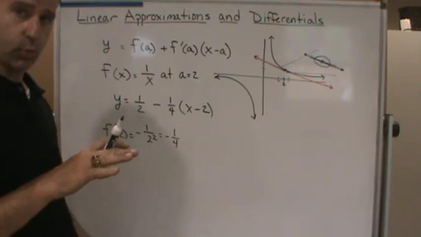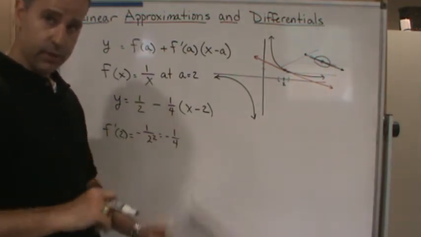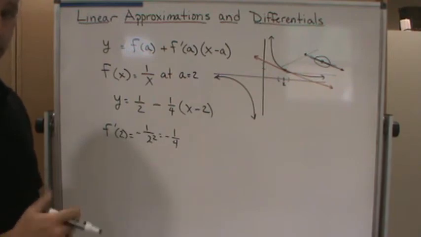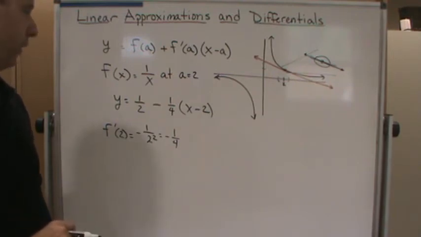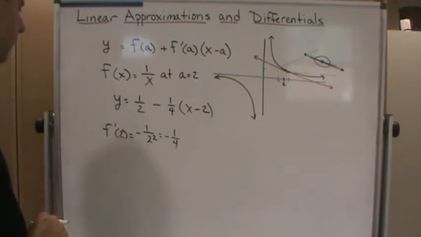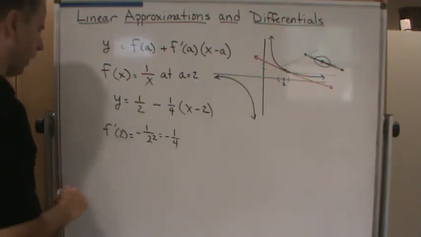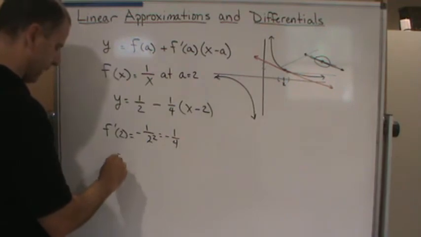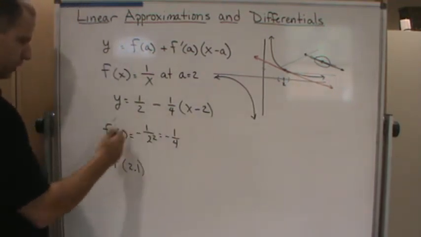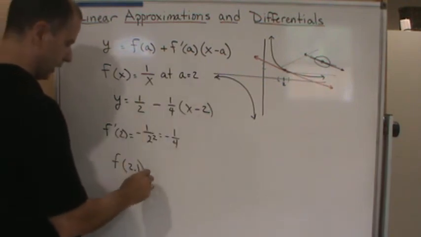As long as we're within a certain distance from a, the linear approximation will be close to the value of f of x. Okay, so now what about 2.1? If we wanted to approximate f of 2.1, we would use our linear approximation, our tangent line.